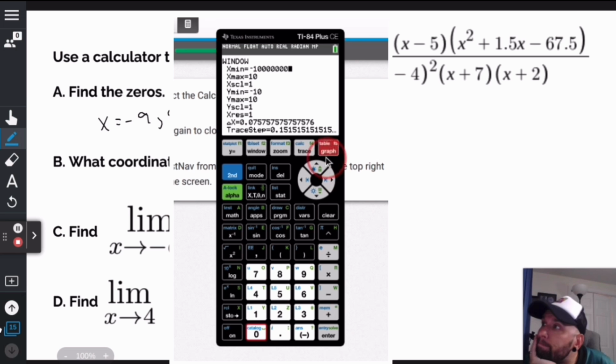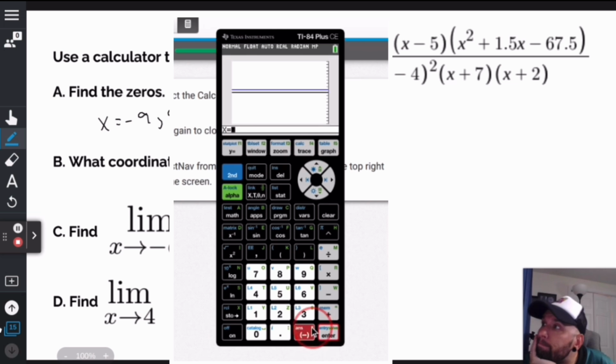So if I hit graph, straight line. But where is that straight line? Well, let's do the value thing again. Now that I changed my window, I can actually find out what the value at -10 million is. And when I hit enter, I get y equals 1.00000. Oh, you know what?